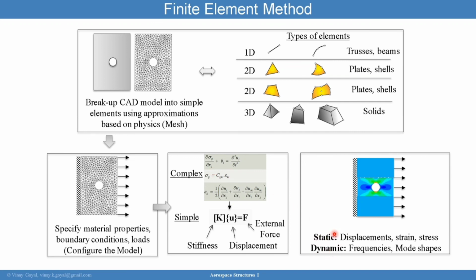And there are two kinds of analyses, and there are many more, but these are the two top level analyses that can be performed. One is a static analysis, which will give you the deflections, strain, and stresses. And then the dynamic modeling, which will give you frequencies and mode shapes.